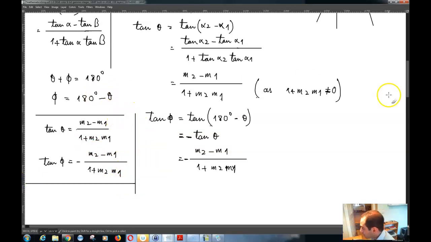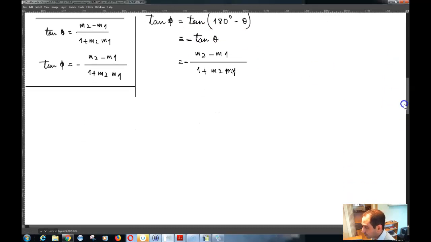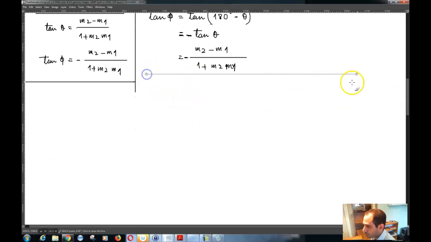Now there can be basically two cases over here.